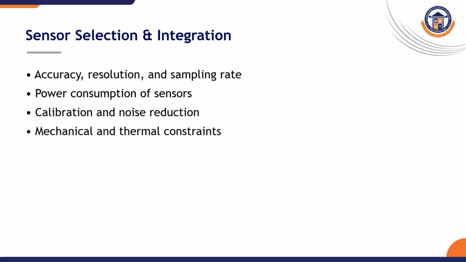Next, how the wearable device handles permissible noise or noise reduction, and the calibration for the noise, and some thermal considerations and mechanical considerations. Thermal considerations include heat sinks, or how much temperature it will withstand.